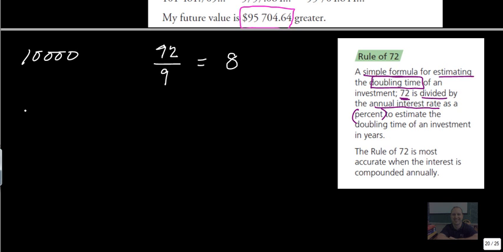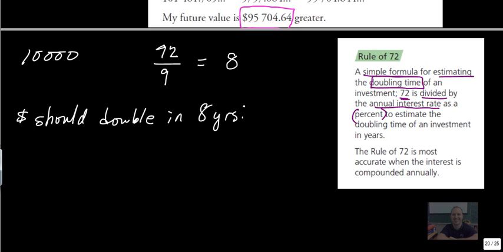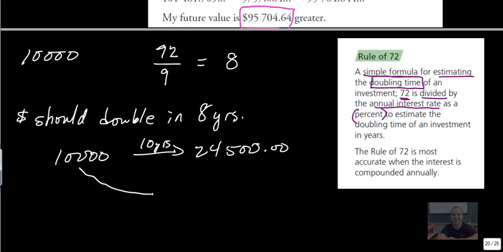So we're saying that money should double in 8 years, approximately. And if we looked at this example, we had $10,000, and then in 10 years, it became 24,500, right? Somewhere around there. So where would it double? Well, it's going to double sometime before 10 years. And according to our estimation, it's about 8 years. So in about 8 years, it should be about $20,000 bucks.